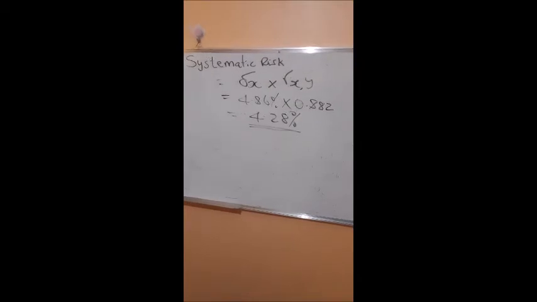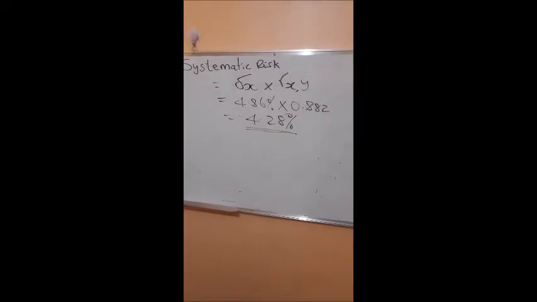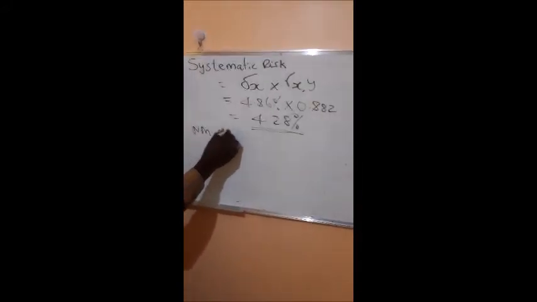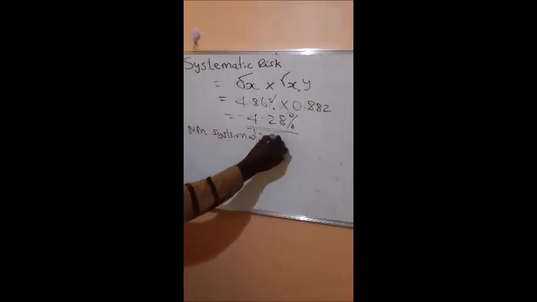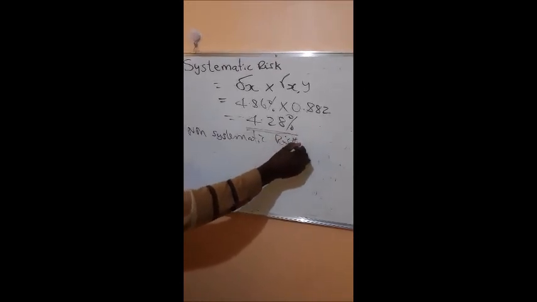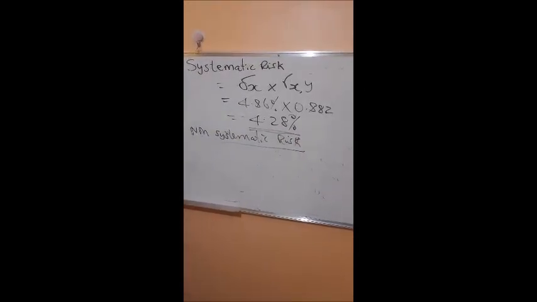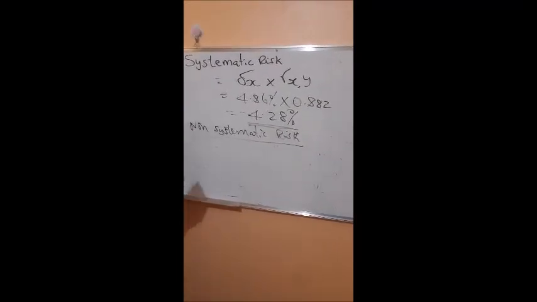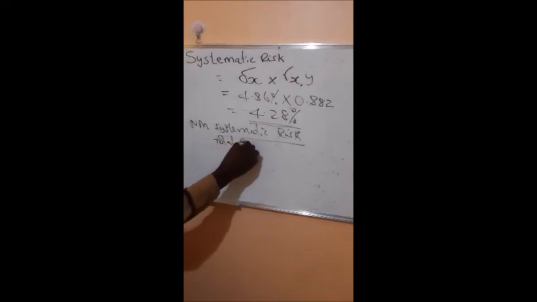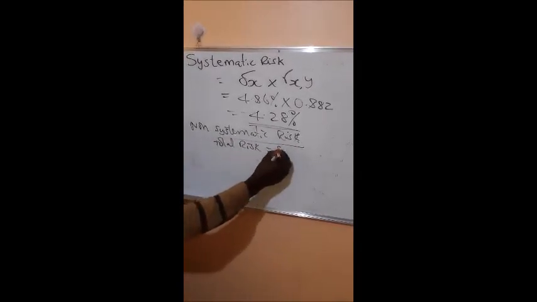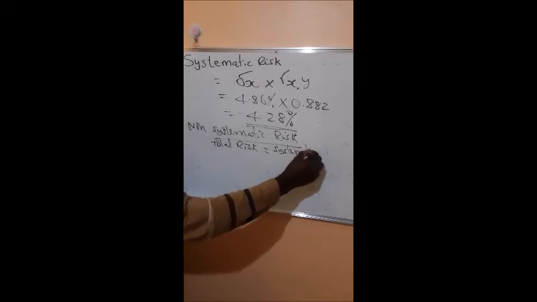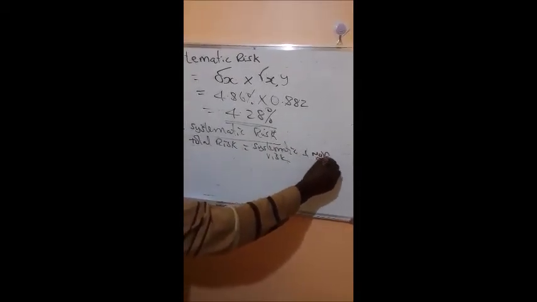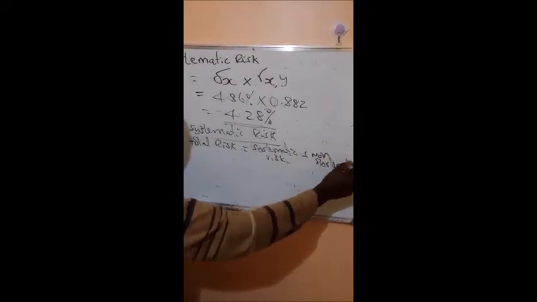Now, after obtaining the systematic risk, let us see how we can get the non-systematic risk. The non-systematic risk, we say, is a risk which affects individual shares. Earlier we said the total risk is made up of systematic plus non-systematic risk.